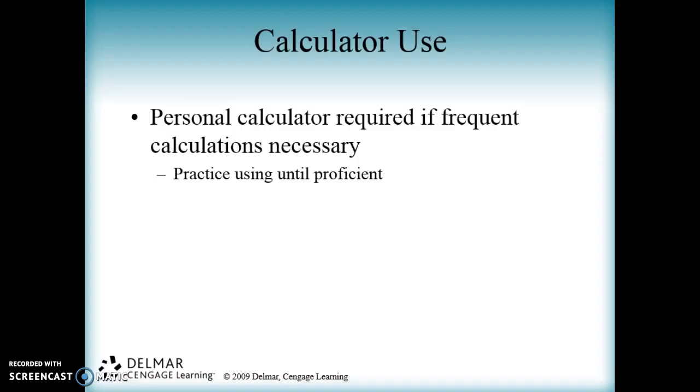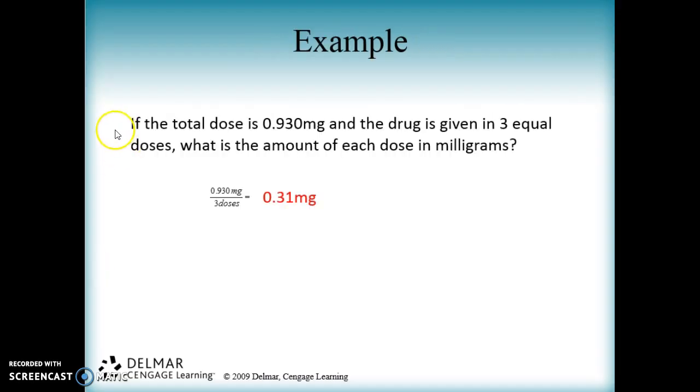So I'm going to pull in an example that you're not going to see on the regular PowerPoint uploaded in the course, that shows you a little bit about how to use decimal points. Here's an example. We have a total dose of 0.930 milligrams. We're giving it in 3 equal doses. We want to know the amount of each dose.